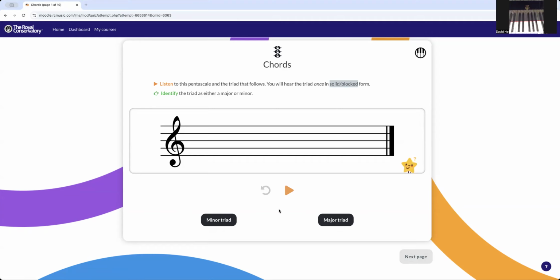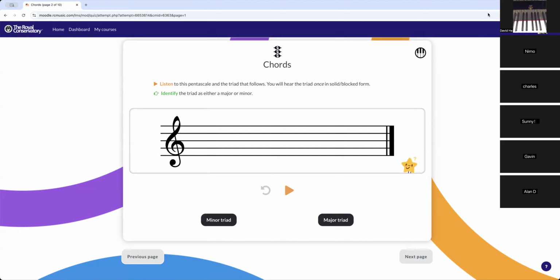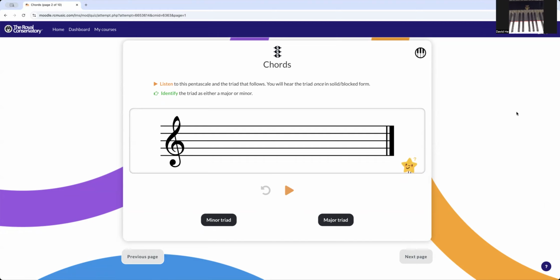Again, the same question. Can you tell me if this one is major or minor? Everybody get ready to put your answer in the chat box. Major.